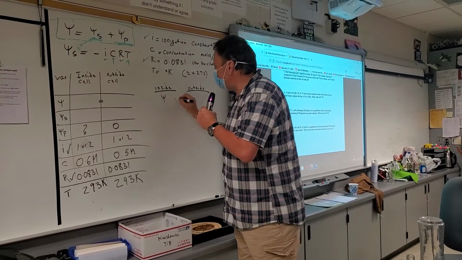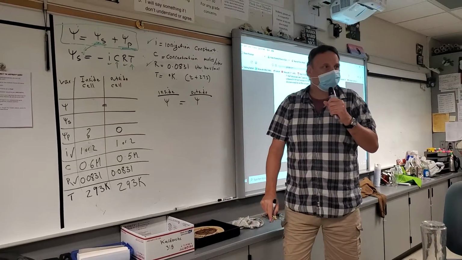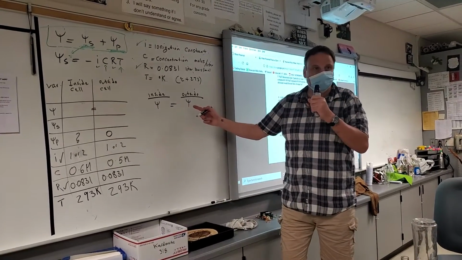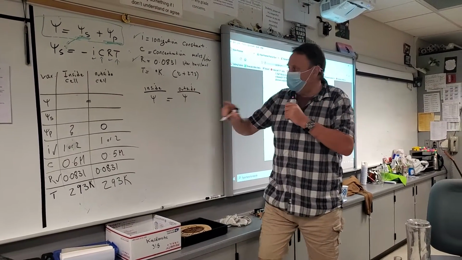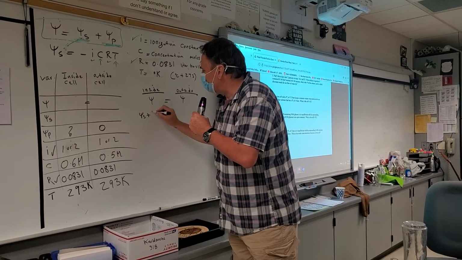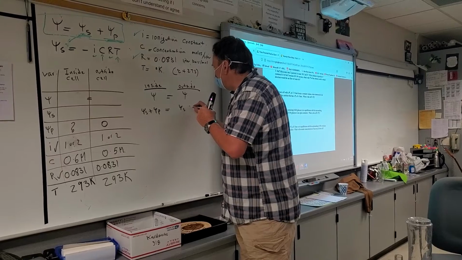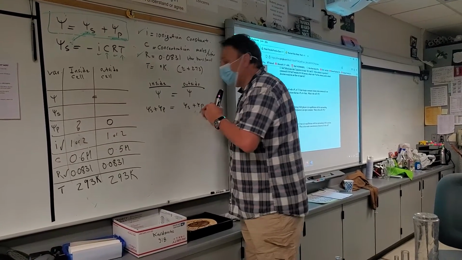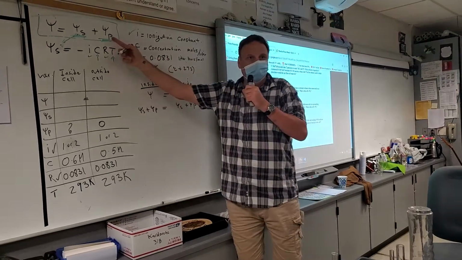I could say this, which I already did over here. You could say psi for inside equals psi for outside. But you could also say psi s plus psi p inside is equal to psi s plus psi p outside. Since psi is psi s plus psi p, you could say that.